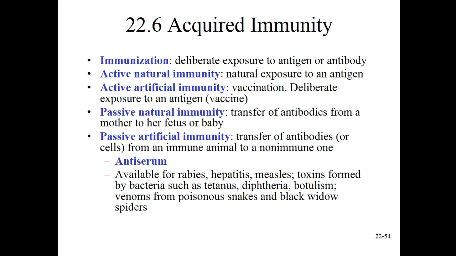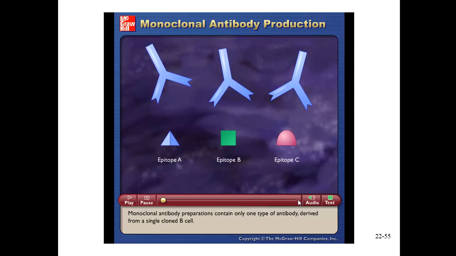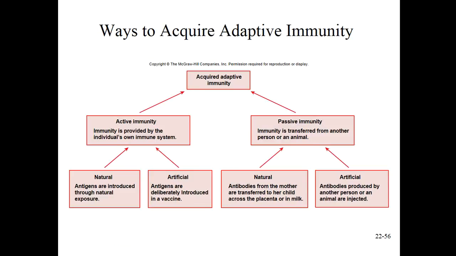Okay, almost done. The last few things we need to learn about are the different ways that we can develop acquired immunity. Active immunity means that our body has developed the antibodies on our own, and then we are immune. Acquired adaptive immunity means I got it along the way, I reacted to this antigen, and now I am protected against it.